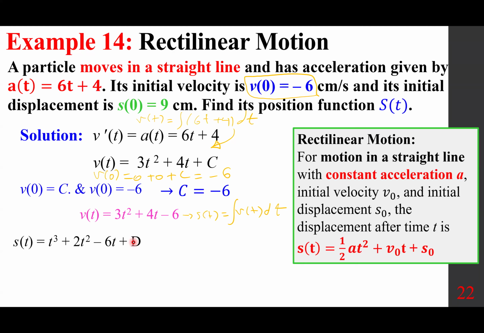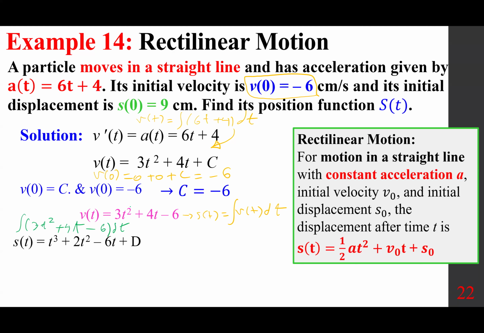So we are using the integral of 3t squared plus 4t minus 6 dt. That's what we're doing, okay?